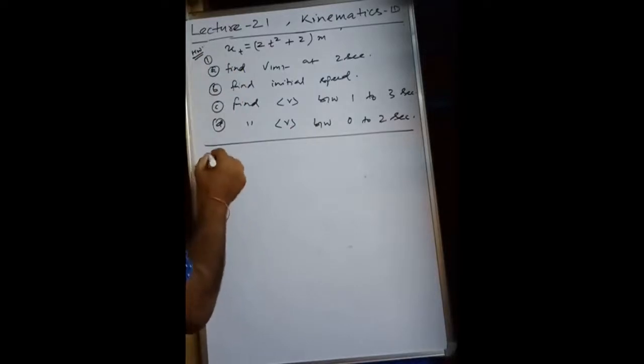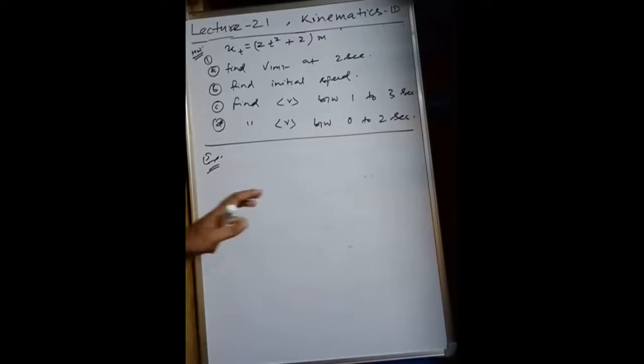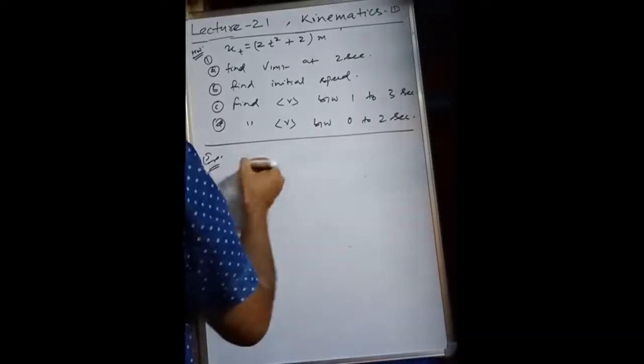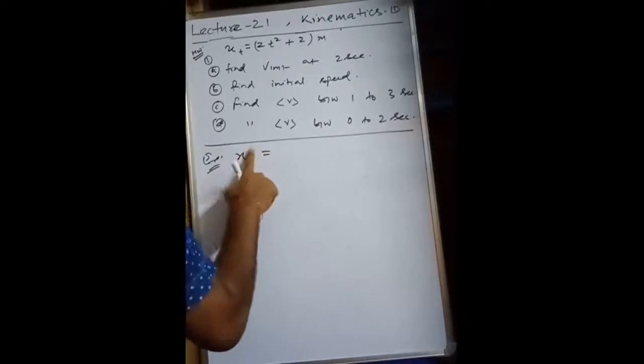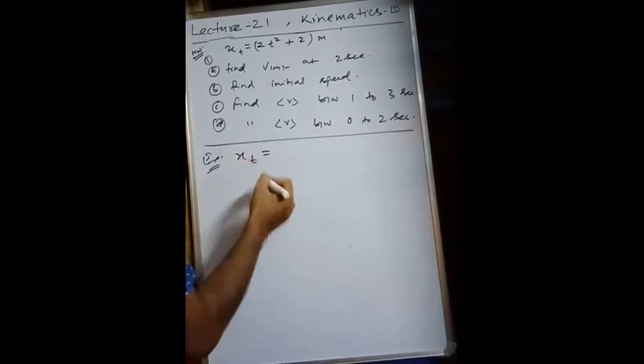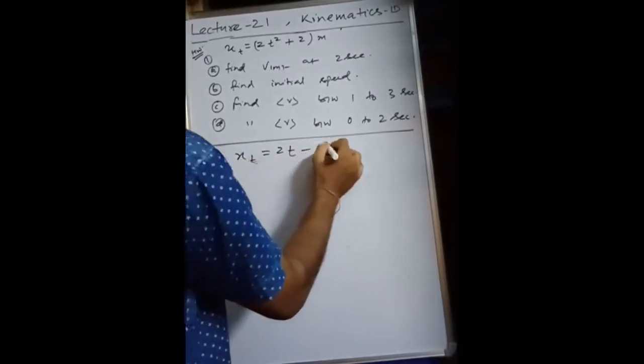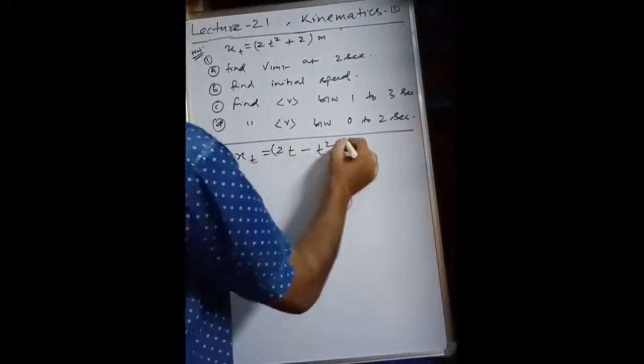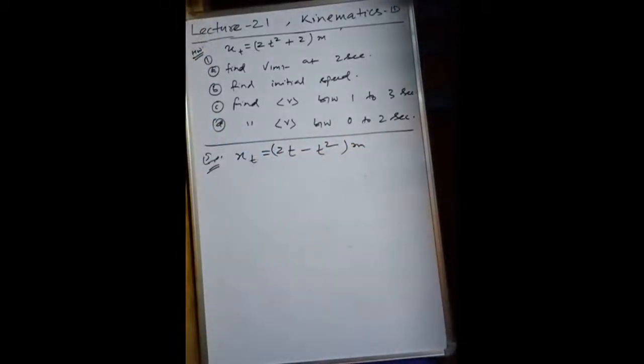Now, one example I am going to discuss here, which is very important. Okay, if x(t), the function of position, is given as 2t minus t square meter. Look at this equation carefully.